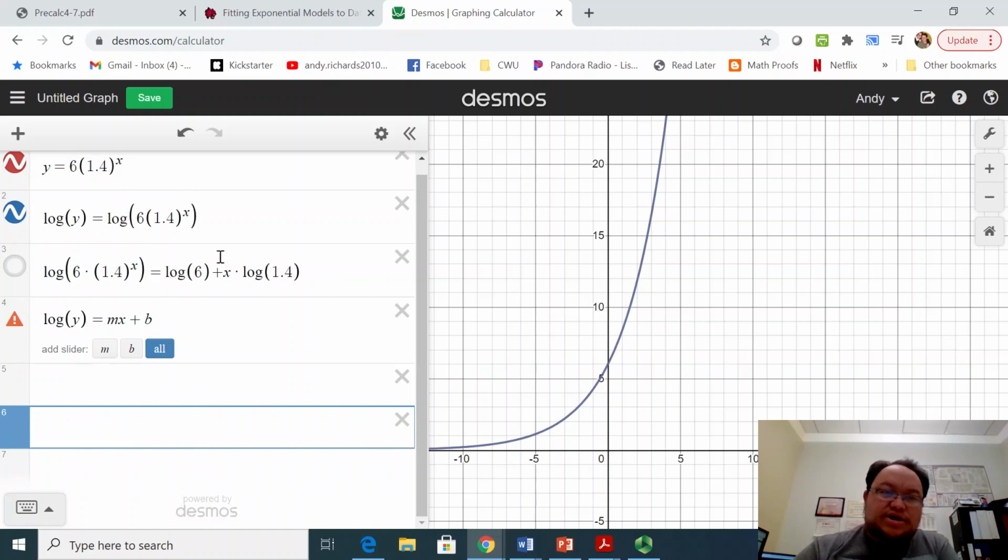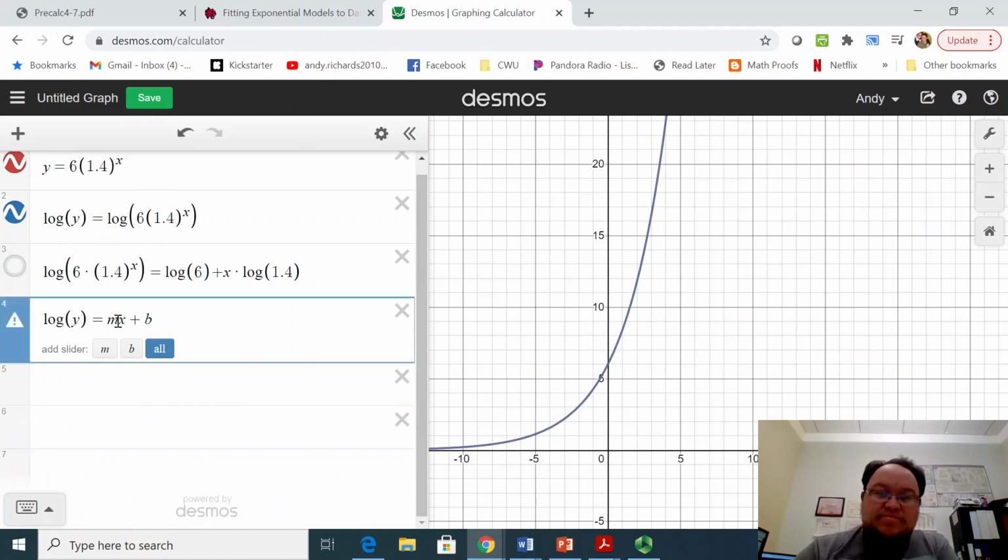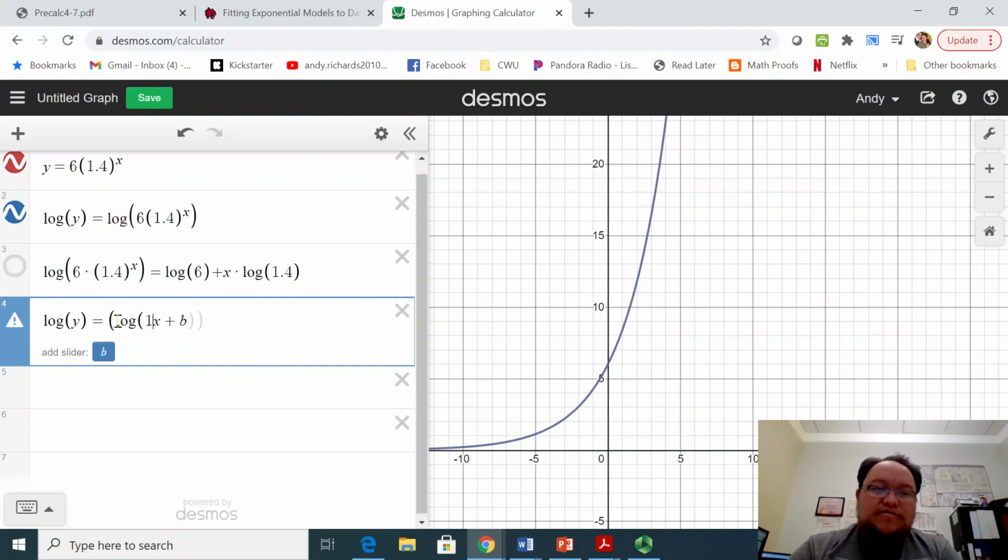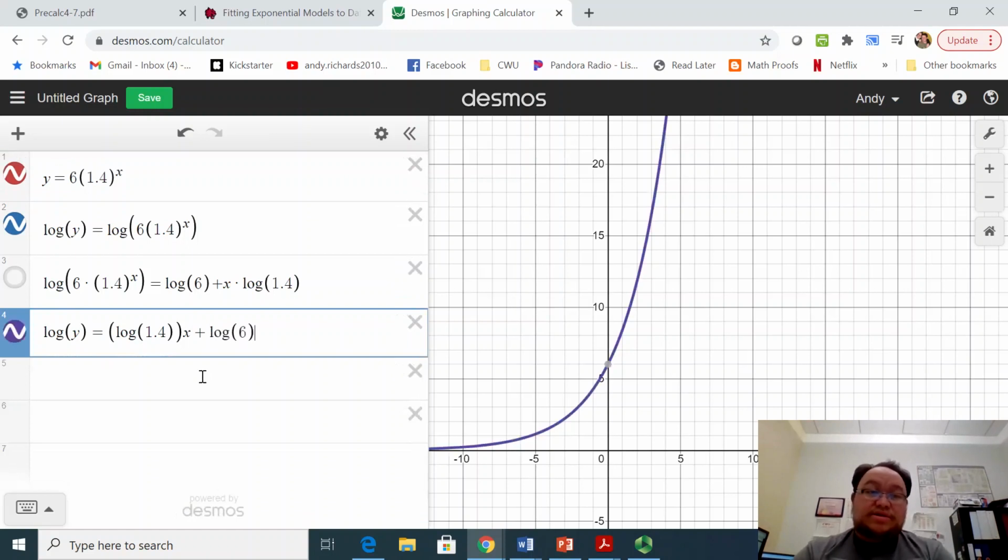And if I change it this way, notice that my m, my slope, becomes log of 1.4, and my y-intercept becomes log of 6. So ultimately we can create a line off of this.